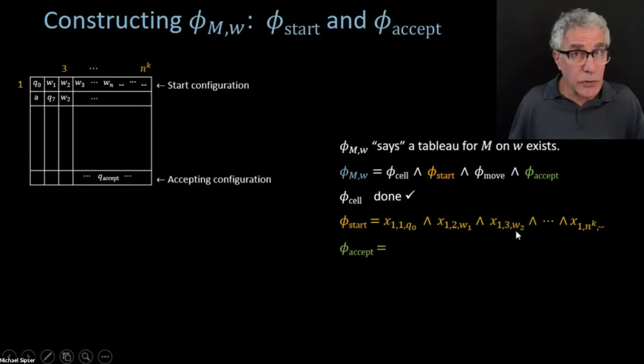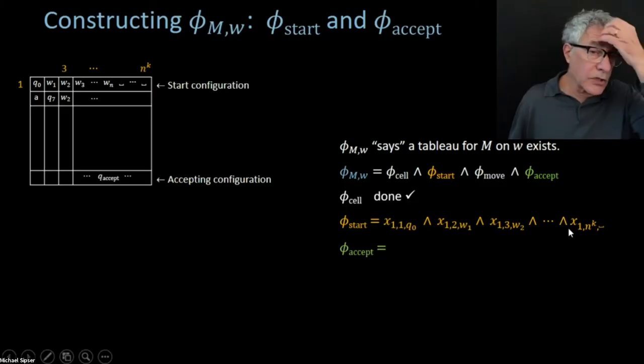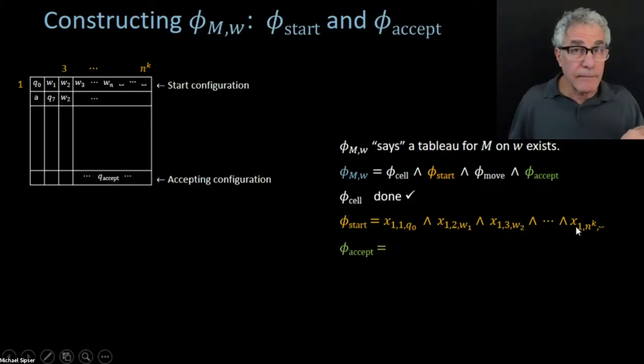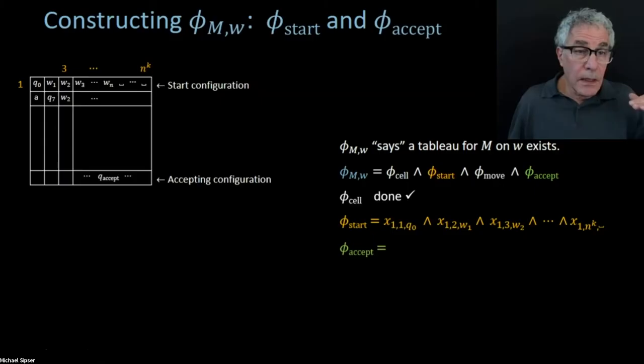X1, 3 contains W2, all the way up to Wn, and then there's going to be a bunch of additional parts which say that we have blanks in the rest, just spelling out exactly all of the symbols in that top row. That's what the phi start formula, or sub-formula of the overall formula we're making, looks like.